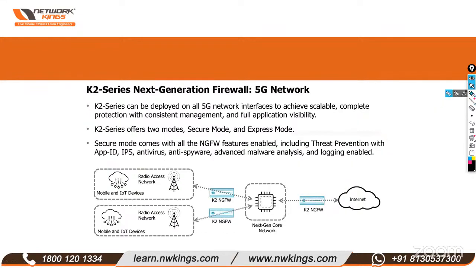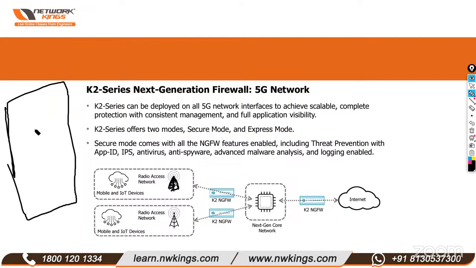Now we have the K2 series devices, which will be placed on towers. These towers are placed in big manufacturing places where you cannot put access points, such as 100 acres of area with manufacturing plants. But there is still a network requirement there. From the towers, we can access the internet or applications inside.